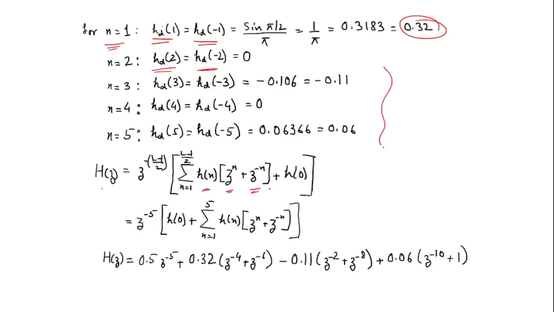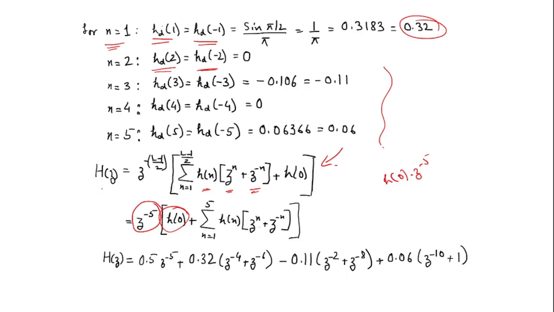What is this equation doing? We are multiplying with z to the power minus 5. Here h[0] is independent of any z value, so h[0] will be multiplied by z to the power minus 5.